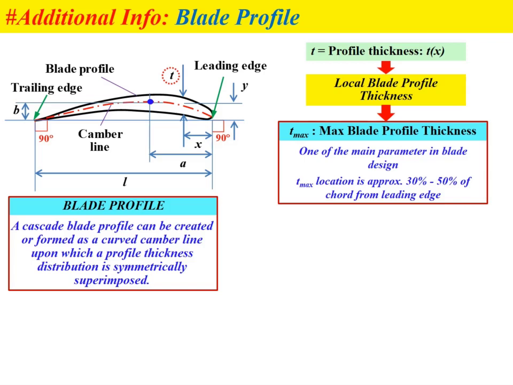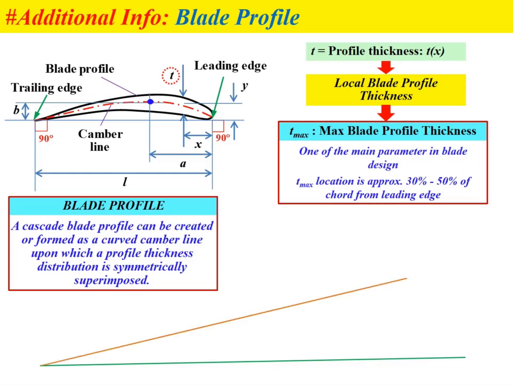This means, for example, if we draw the chord line, and then the trailing edge line and the leading edge line, we can estimate the shape of the red line, which represents the camber line.